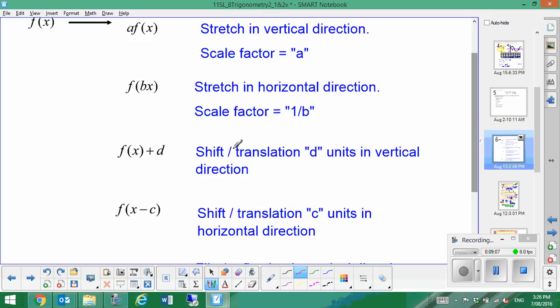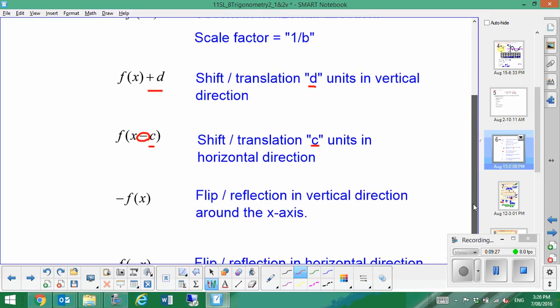If you add a constant at the end, then that's the same as a vertical translation or a shift of those d units. Here, remember it's x minus c, that's the important one here. That's a shift of c units in the horizontal direction.